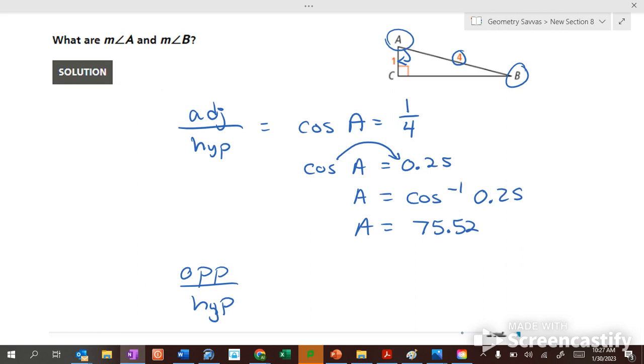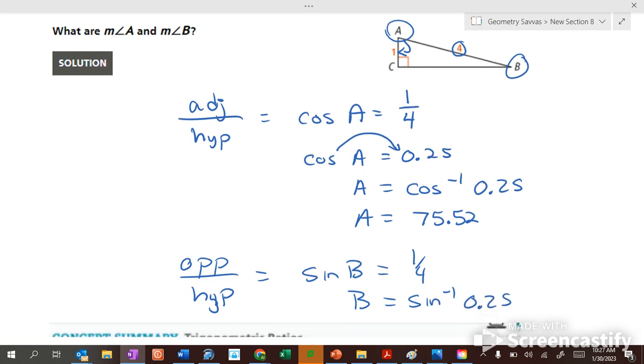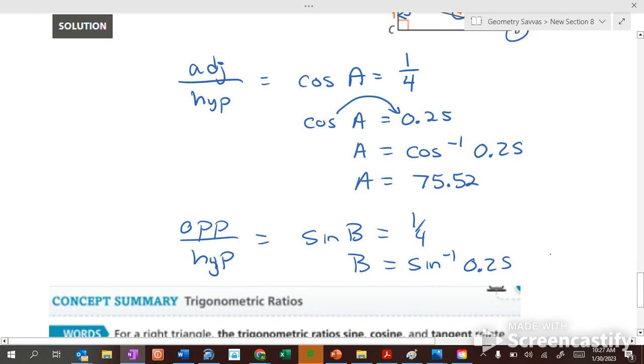So that's the sine of B is equal to 1/4. So B is equal to the inverse sine of 1/4 or 0.25. So what would B be equal to? 14.48, I think. Oh, yeah, sorry.